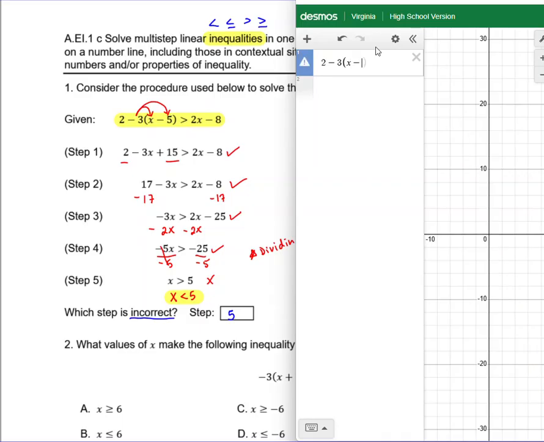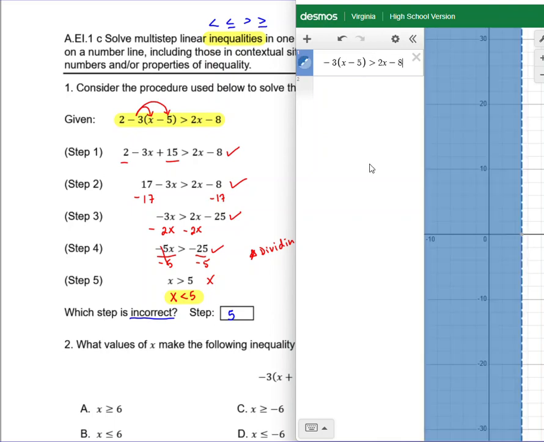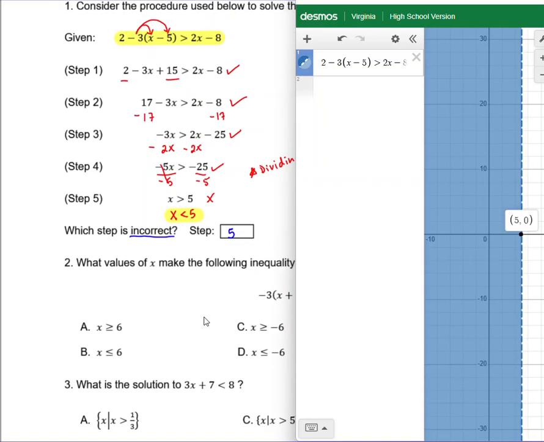We put greater than 2x minus 8. The way Desmos graphs the solution, you have the 5, and notice that it is going less than 5, x is less than 5. That's how you can also check. But in this particular question, it's asking you to find where the mistake is, so we did have to go through each step.